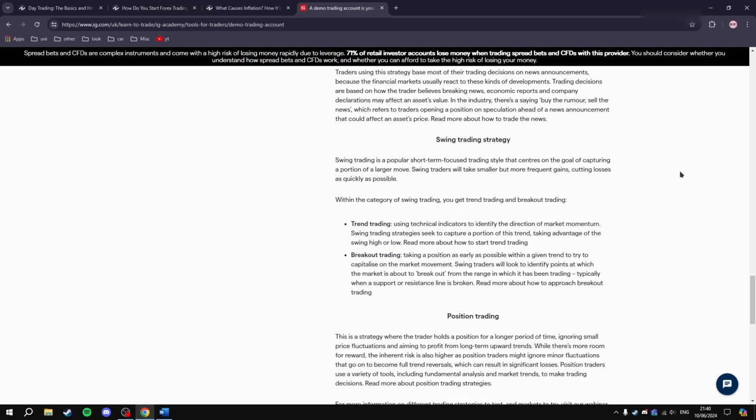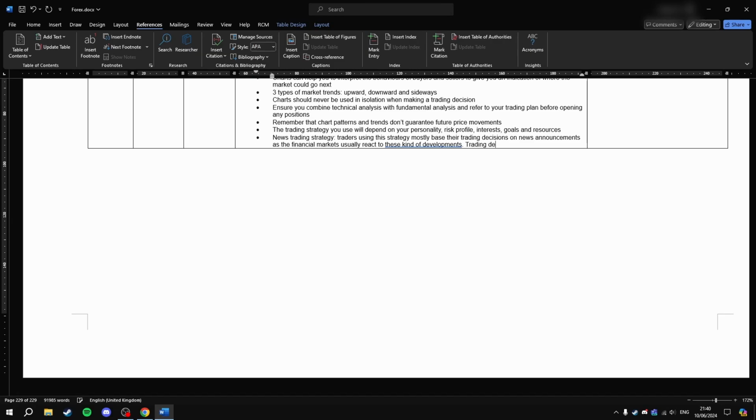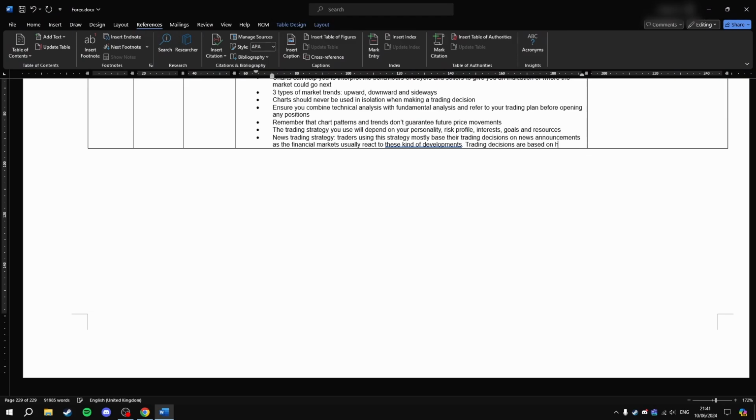Trading decisions are based on how the trader believes breaking news, economic reports, and company declarations may affect an asset's value.